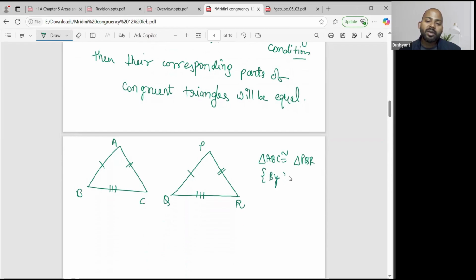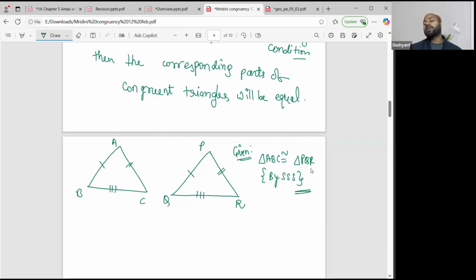So their corresponding parts of the congruent triangles will be equal. Triangle ABC is congruent to triangle PQR, where AB equals PQ.